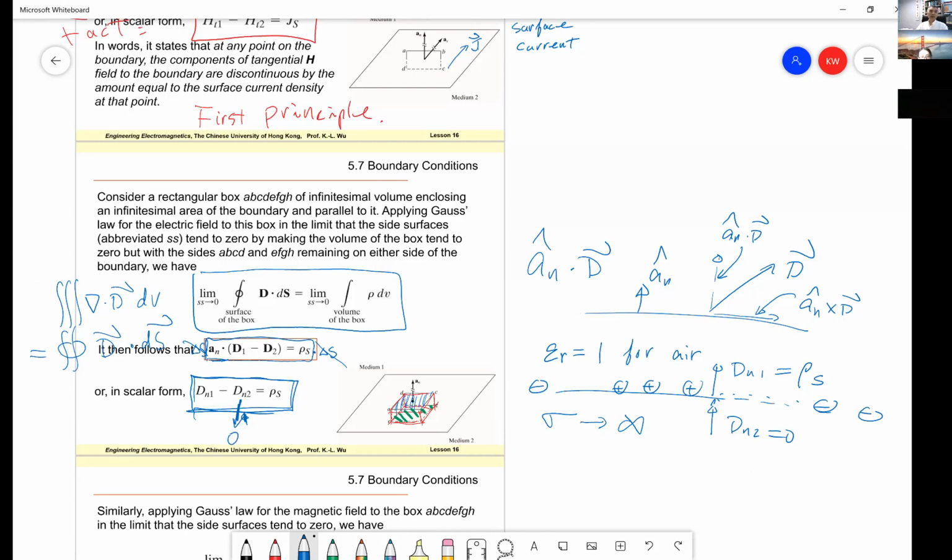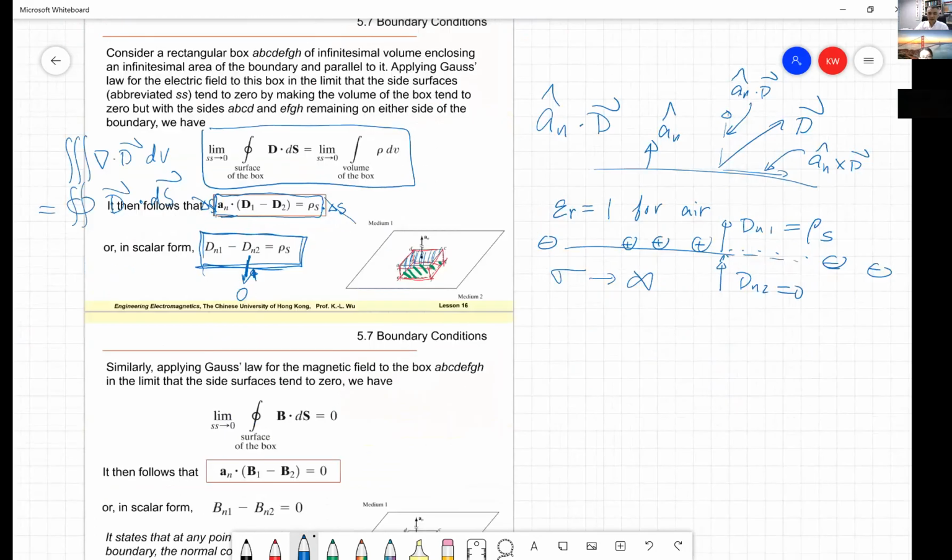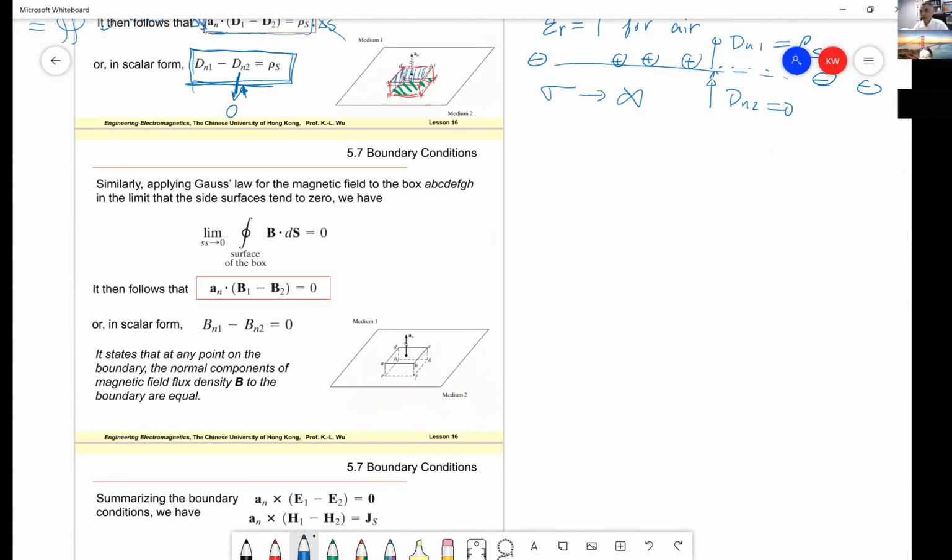We can use this idea to measure the charge density over a surface. But if this is a dielectric, then you have to measure the electrical field on both sides, and then take the difference to find the density.